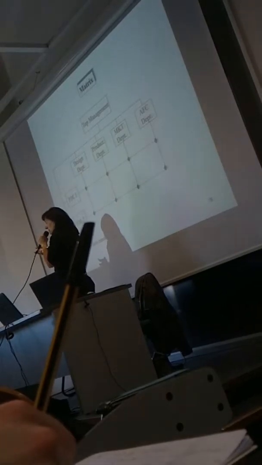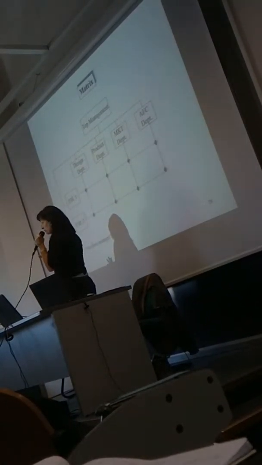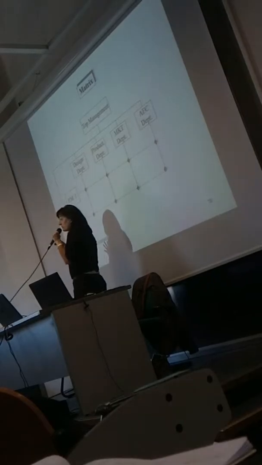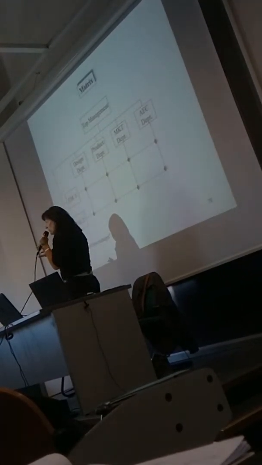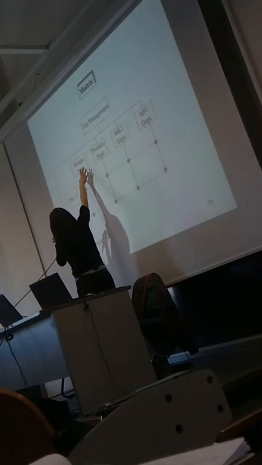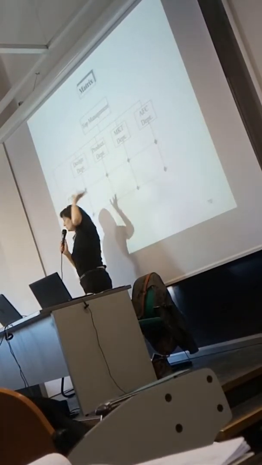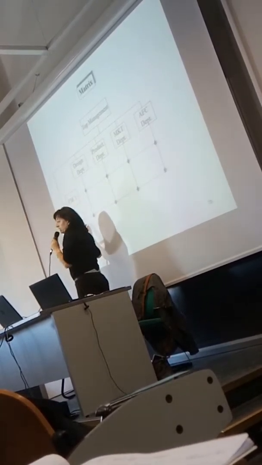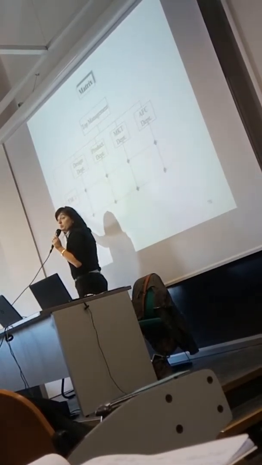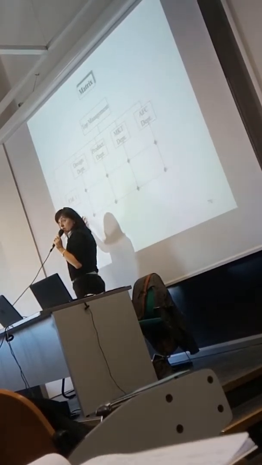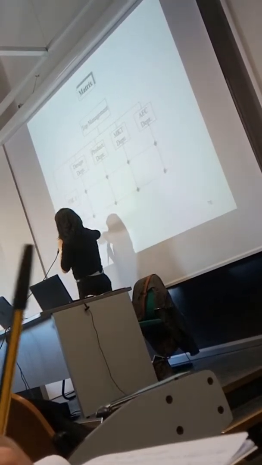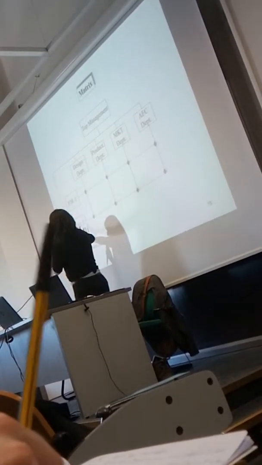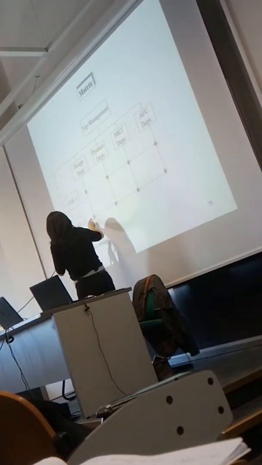So the complexity arises in the matrix structure for sure, because the main goal is to be able to manage two variables: the input variables controlled by the responsible of functional areas, and the output variables represented by the PM, okay? And we say that the PM could be a project, process, or product manager. And we have a new figure introduced in this kind of structure, called the two boss manager, okay?